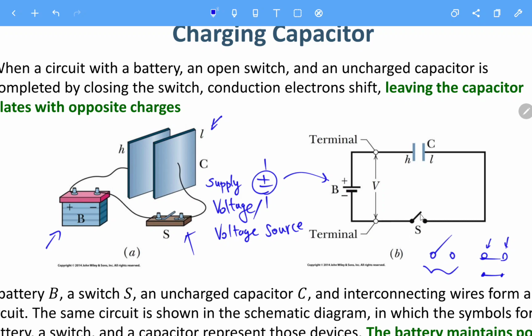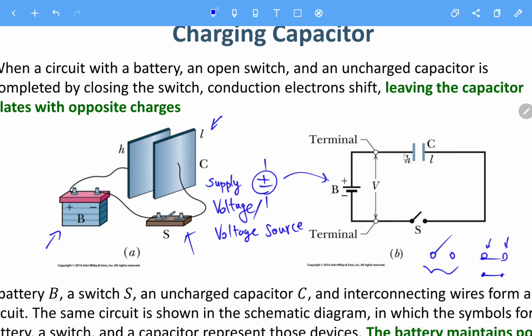You can just switch it on by shorting the two nodes, or open it. And then this is a capacitor. We just use two parallel lines with the same length to specify a capacitor. So these two are different. For the battery, the longer line means the positive node, and the shorter line, sometimes even thicker, means the negative node.